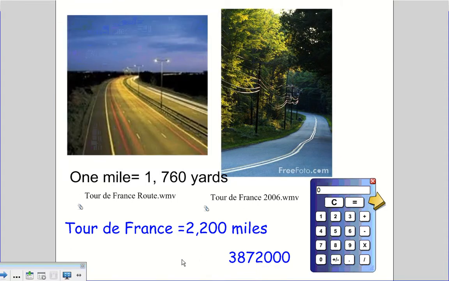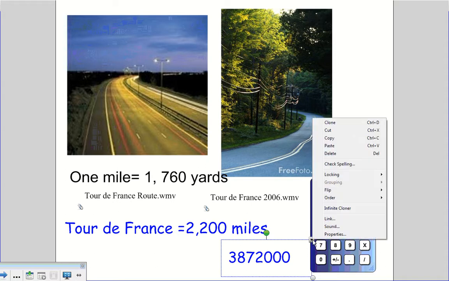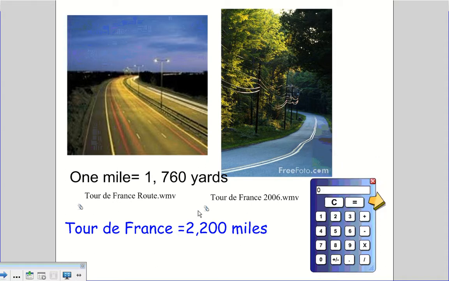Okay, so that gave us a really good perspective of all the different measurements: an inch, a foot, a yard, a mile. Since we know that the Tour de France is 2,200 miles, and we know that 1 mile is equal to 1,760 yards, we could actually figure out how many yards the Tour de France is.